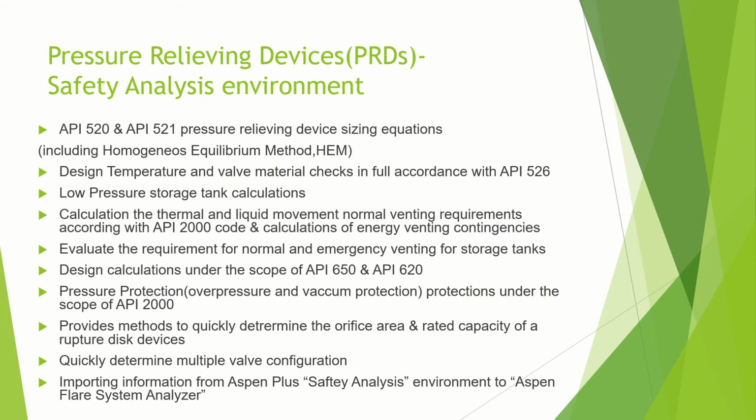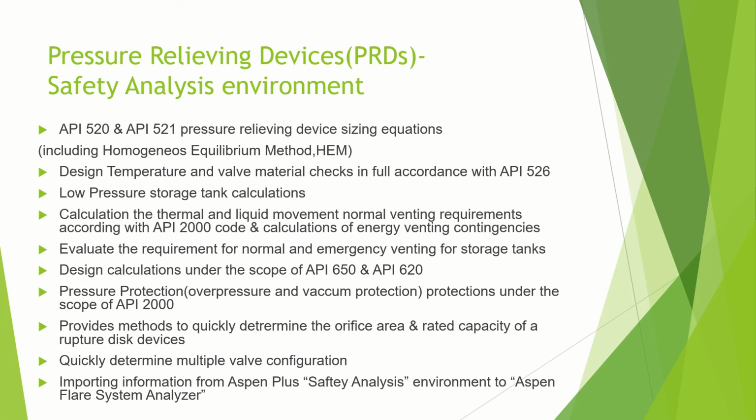The evaluation of the requirement for normal and emergency venting for storage tanks is also performed in this module. Design calculations are performed under the scope of API 650 and API 620. Also, the pressure protection, overpressure, and vacuum pressure are done under the scope of API 2000.